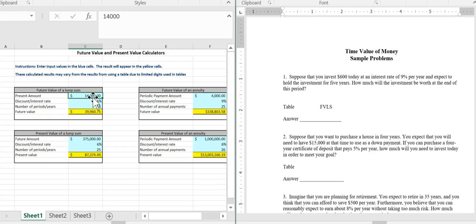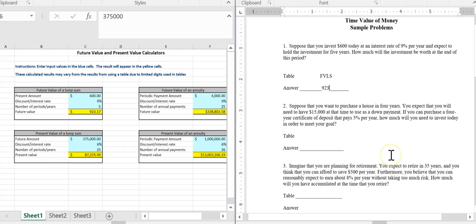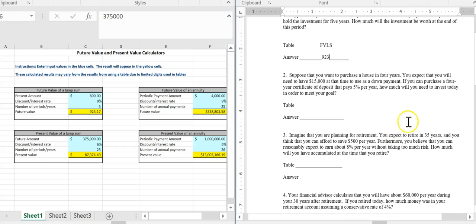So the present amount is $600 and the interest rate is 9%. And then lastly, the number of periods is 5 years. Remember to click one more time to get your answer, and then you come over here and you put down $923.